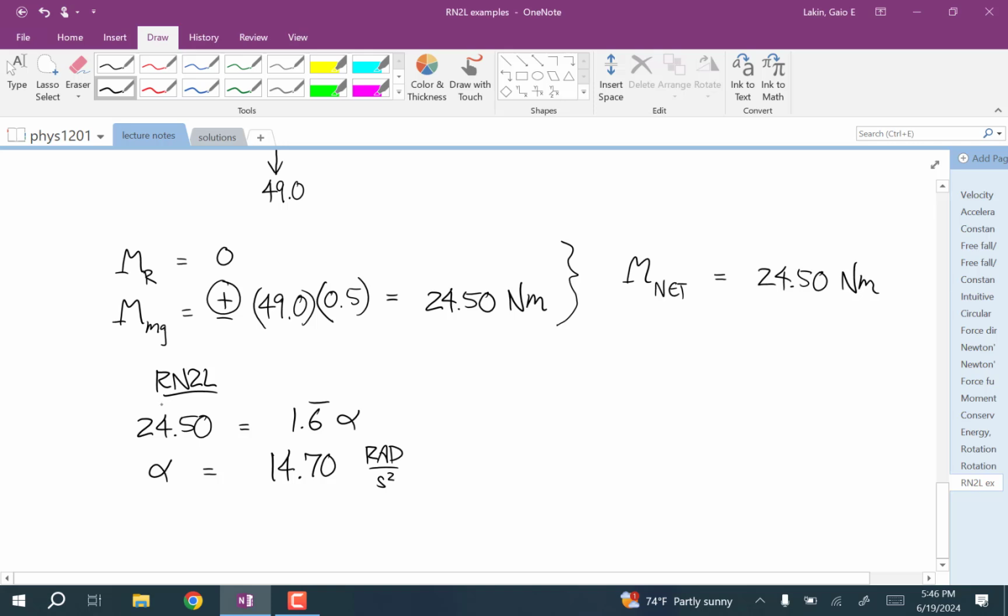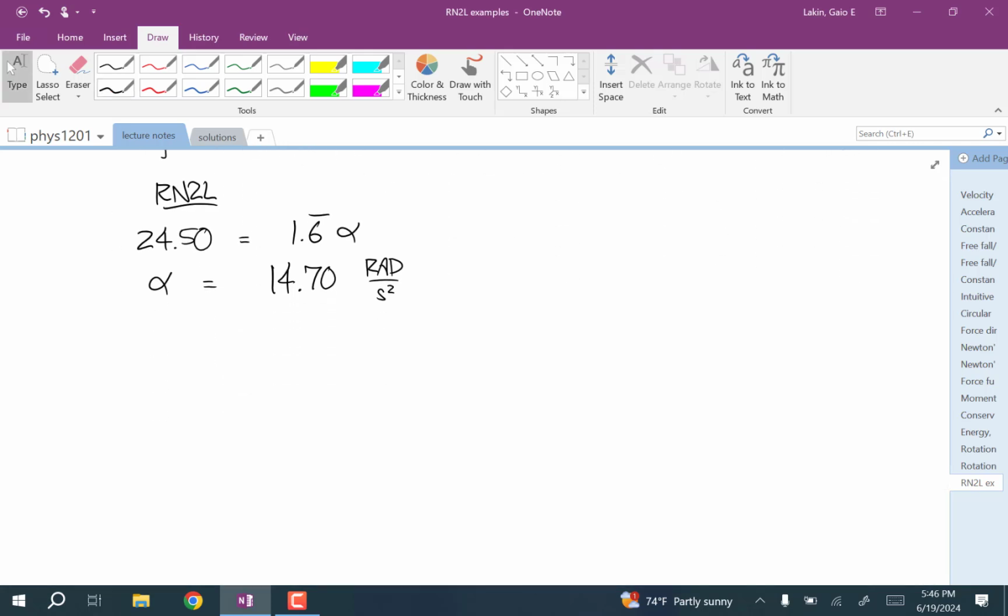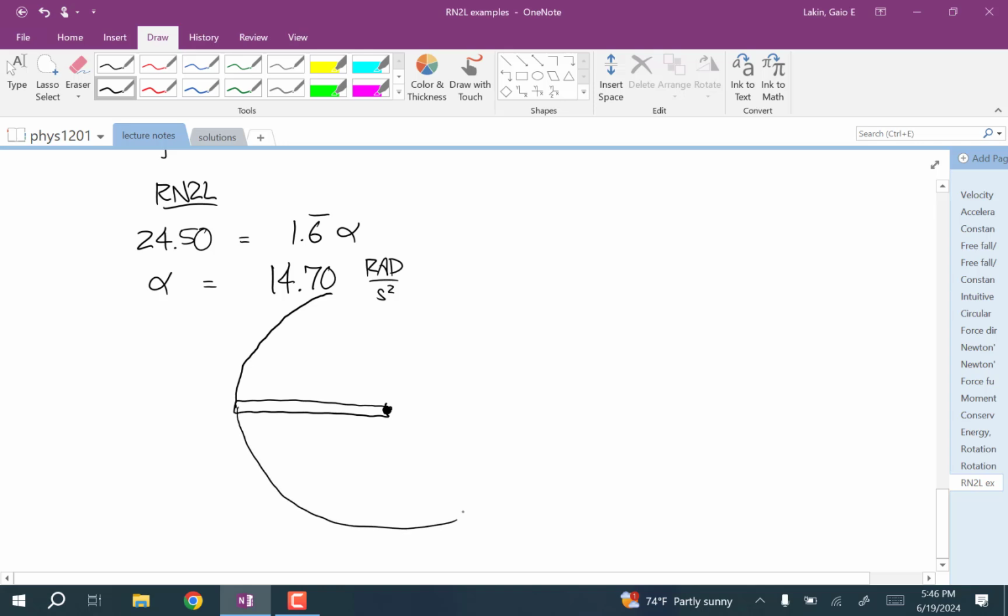Now that we have the angular acceleration, all we have to do is the circular motion part. So if this is the beam and the rotation is about this point here, then the circle of the path is going to look like that.